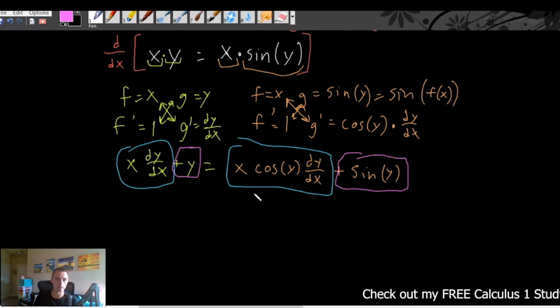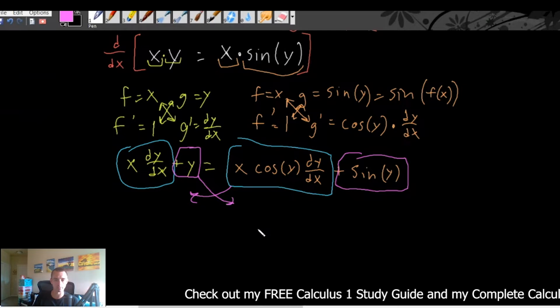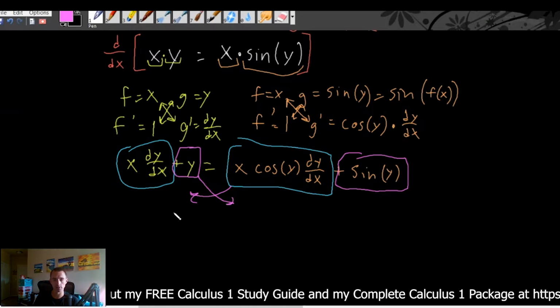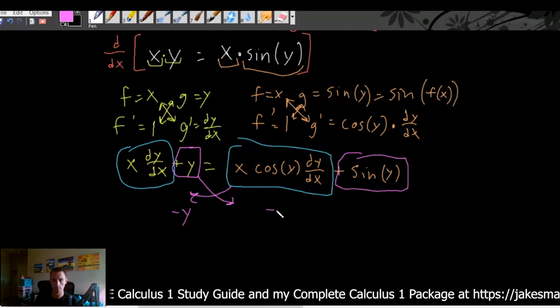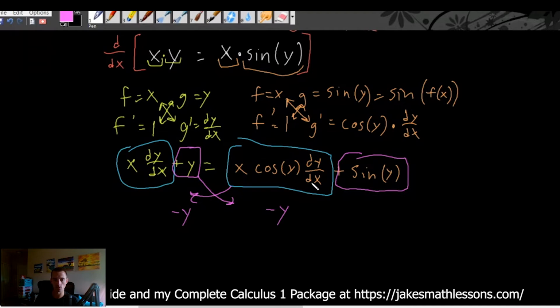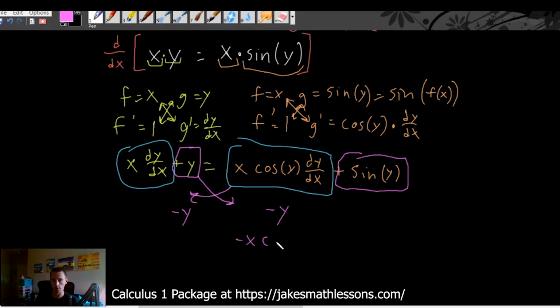So basically we can move our dy dx terms over to the left, move our non-dy dx terms over to the right. So to do that, if we have a plus y right here, we just need to minus y from both sides. If we have x times cosine y times dy dx, we would just need to minus that over to the other side. So minus that from both sides.